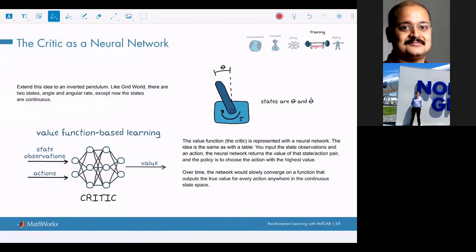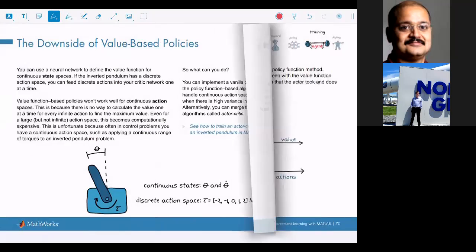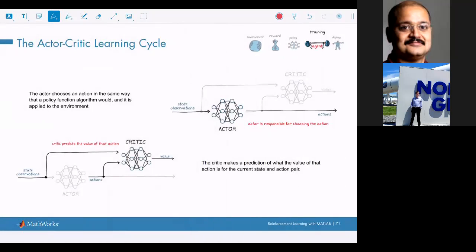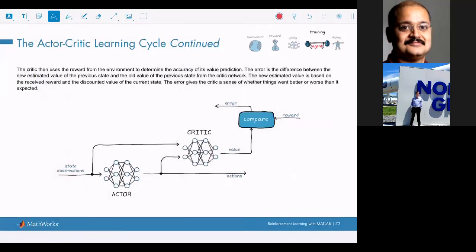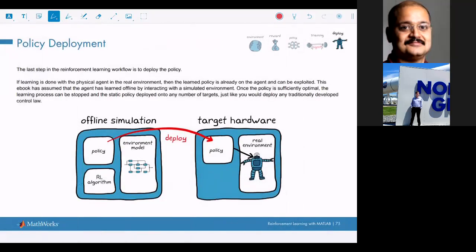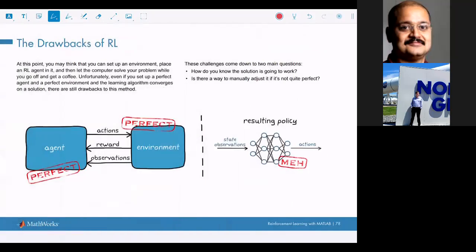Then I talked about the critic as a neural network, so the action of the actor-critic network. And there is another example which I want you to take a look at. This talks about the actor-critic. Again, with the actor-critic, you have the learning cycle. And I would encourage you to take a look at this example.